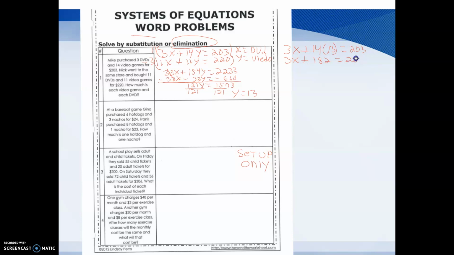Okay. Then I'm going to subtract 182. Divide by 3. So it's 21. So I can do that one in my head. So X is 7.